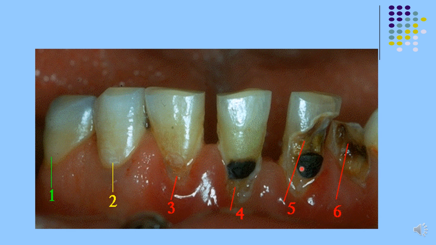Picture number 5 actually shows you a restoration that has taken place and secondary caries under the restoration, as well as advancing caries involving the enamel and dentine, and eventually destruction of the crown structure. So this is actually the natural progression of dental caries if there is a lack of intervention to stop the process from progressing.